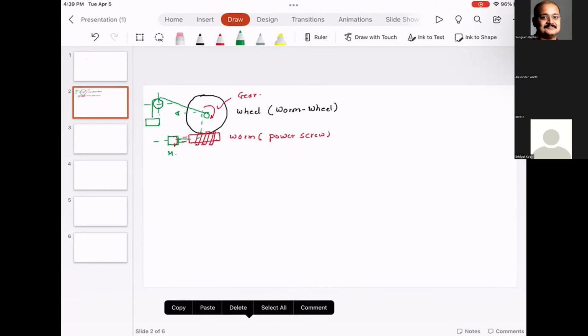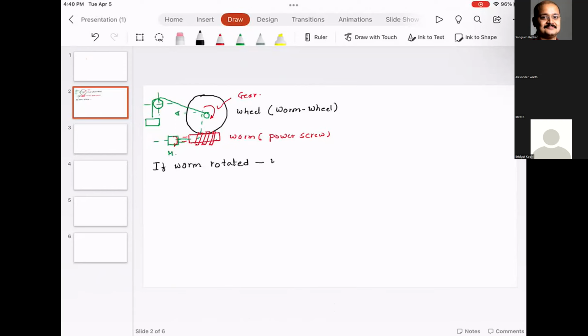Because of their configuration, worm wheels provide this fail-safe type of arrangement. So these are important points. Please understand, the worm wheel is a unidirectional mechanism. The power transmission is only from one direction. If the worm is rotated, the wheel rotates.